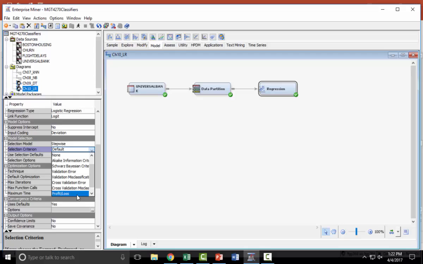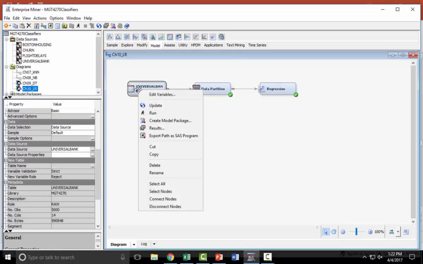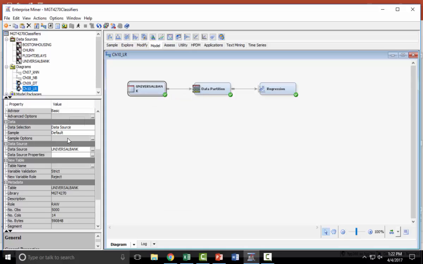The profit and loss comes from the decision matrix. So profit and loss will be the default, by the way, if you set the decisions for the data source.